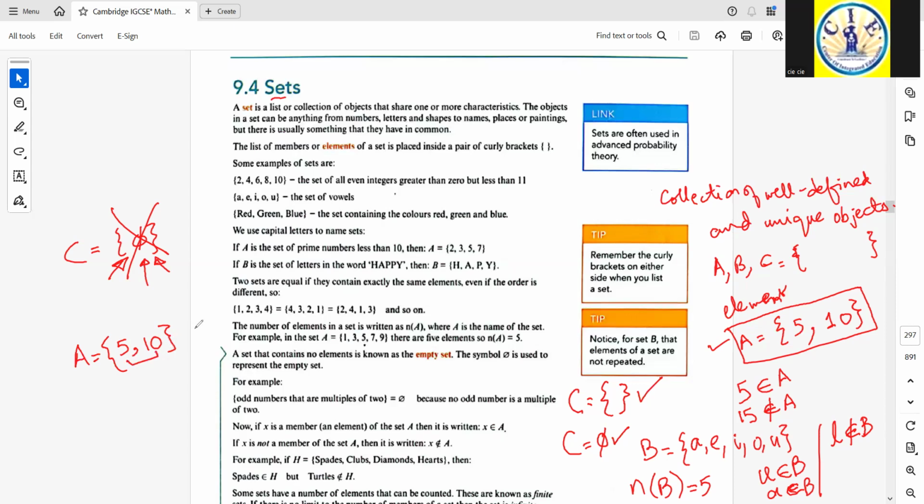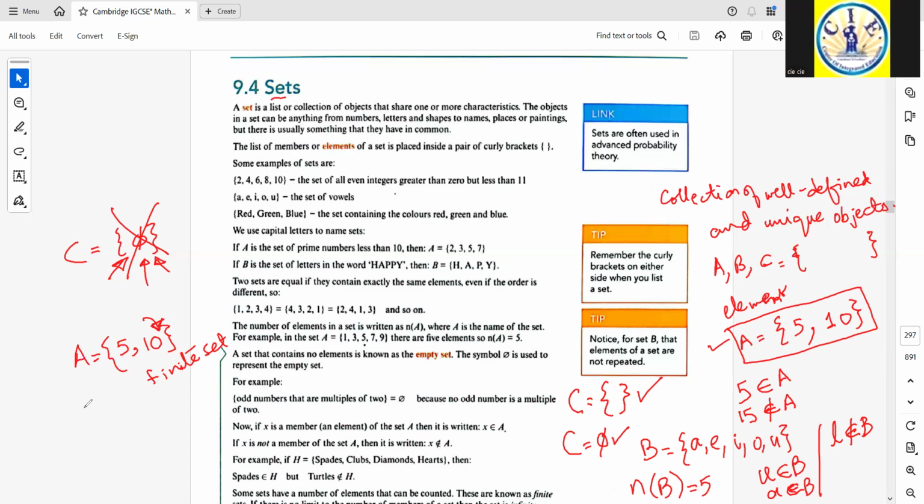There is no more element of this set A. So we say this is a finite set. That means you can see the last element contained in this set. So that's why it is called a finite set.